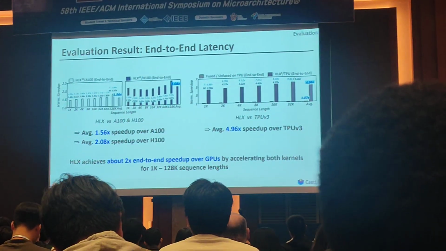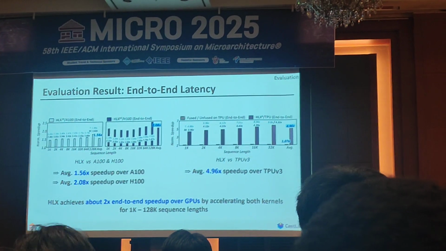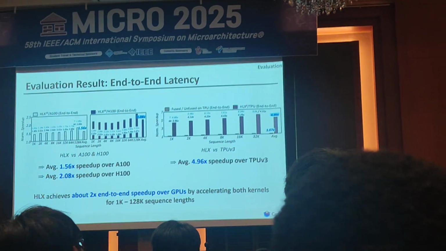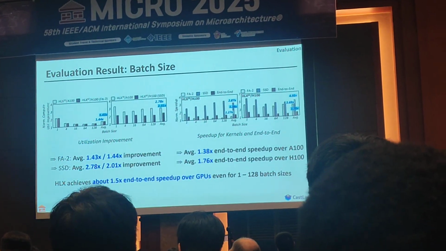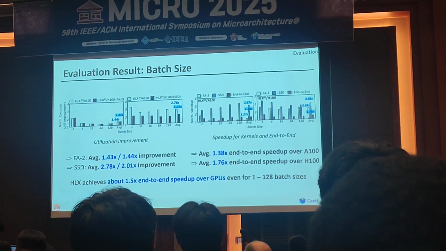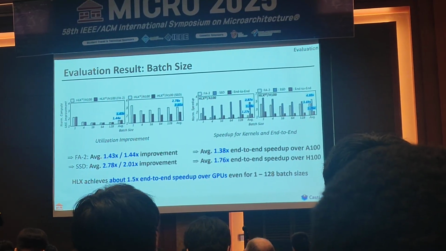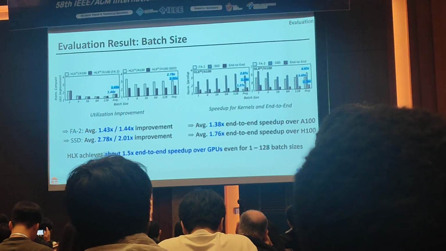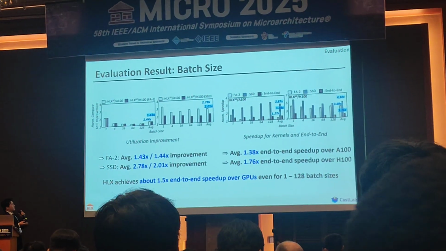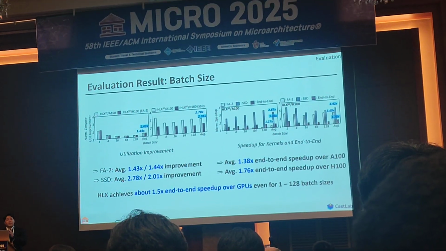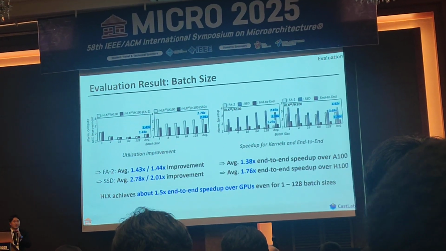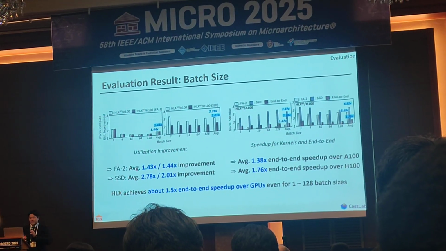So across all sequence lengths, HRX consistently outperforms the GPU and TPU. Even when we scale batch size from 1 to 128, HRX achieves about average 1.5 times end-to-end speedup over GPUs. So this shows that a unified pipeline design adapts well to both small batch and large batch scenarios.